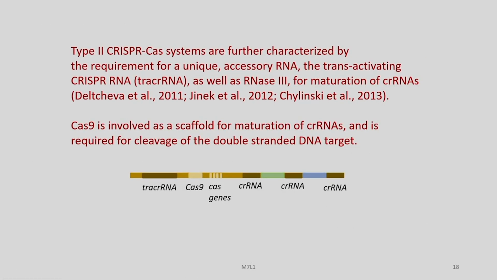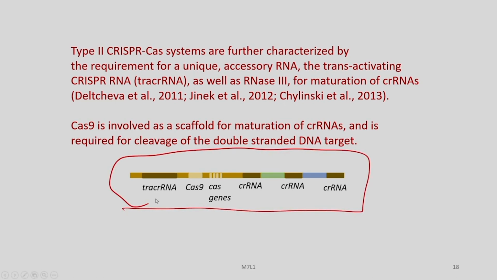Type 2 CRISPR-Cas systems are further characterized by the requirement for a unique accessory RNA, the trans-activating CRISPR RNA or the tracrRNA, as well as RNase III for maturation of CRISPR RNAs. Cas9 is involved as a scaffold for maturation of CRISPR RNAs and is required for cleavage of the double-stranded DNA target. So, you can see here the various genes in these particular loci.